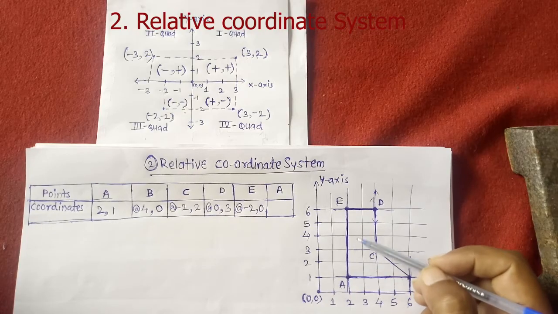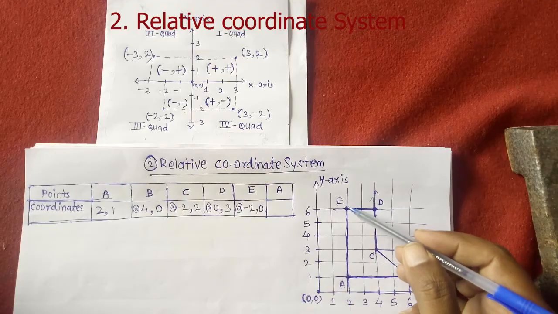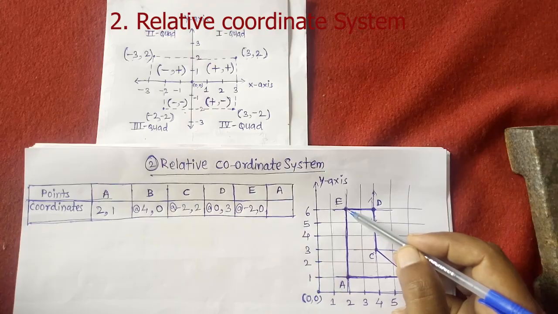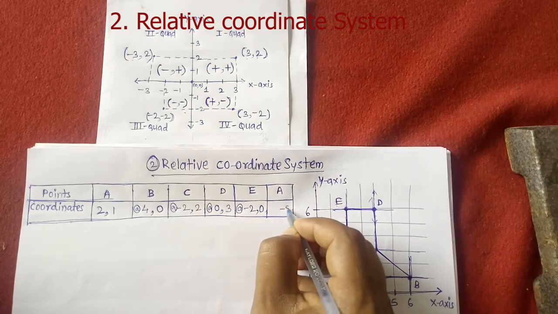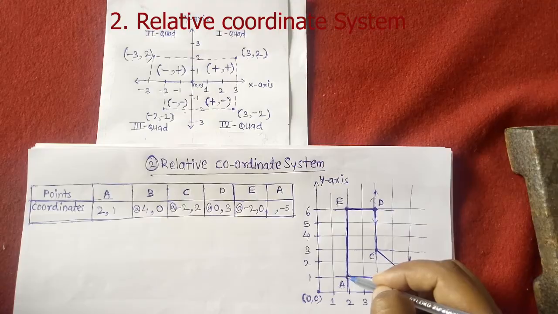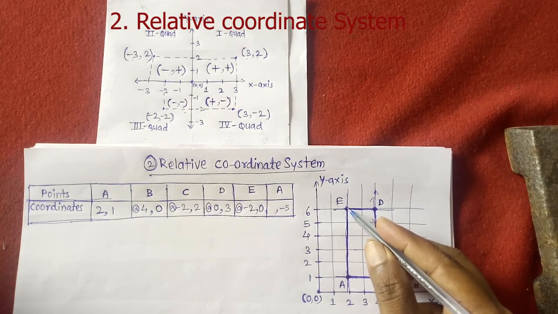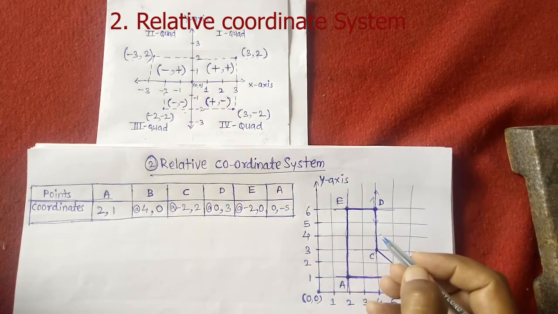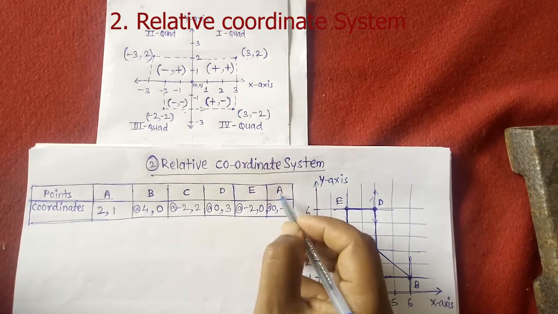So the y coordinate of this point A is 1, 2, 3, 4, 5, -5, because it is located on the negative y-axis with respect to this point E as an origin. So -5 will be the y coordinate, and as this point A is located on the y-axis of this origin E, there will not be any x coordinate. So write down 0 as the x coordinate and put the @ symbol before the coordinates of A.